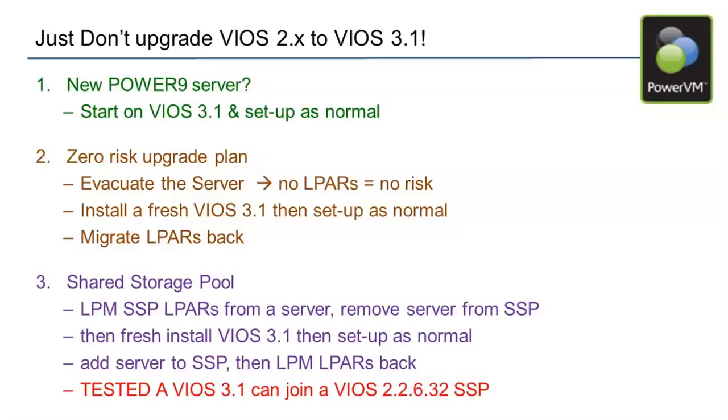It's quite happy to cooperate in that case. I think that's more generous than they had done in the past. In the past, if you had a VIOS server at a higher level, it would complain that this is an old group of VIOS servers, upgrade them before I can join in. But it's quite happy to allow you to do the transition.